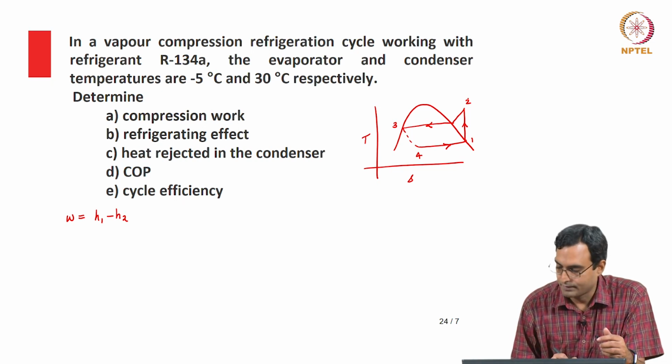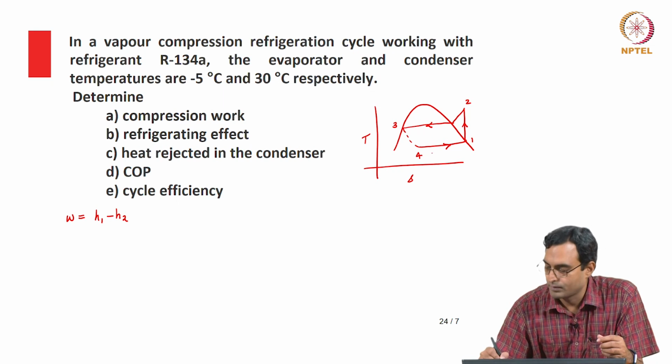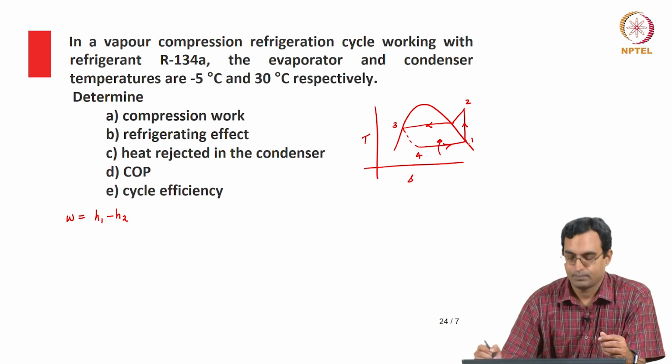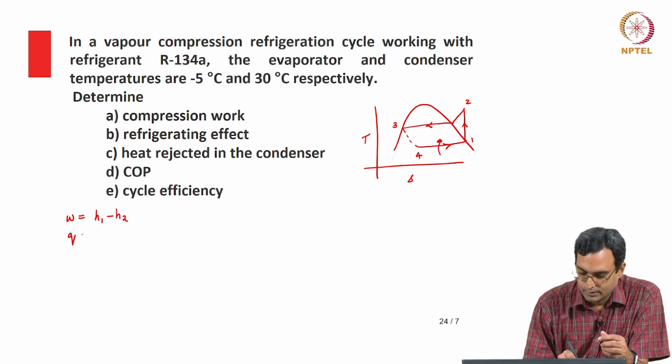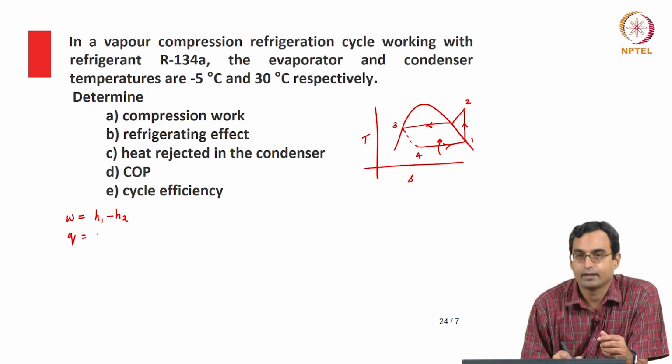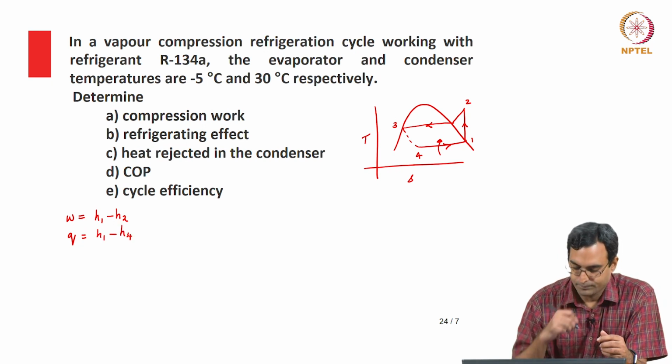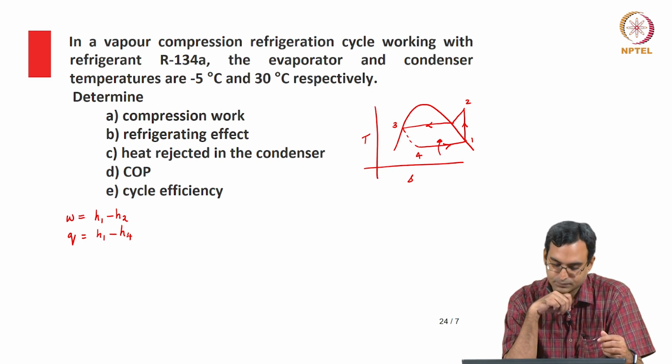The refrigeration effect is essentially the amount of heat we can remove over here. From the first law, that comes out to be enthalpy at the exit minus enthalpy at the inlet. The exit is 1, the inlet is 4. So, this is the refrigeration effect.